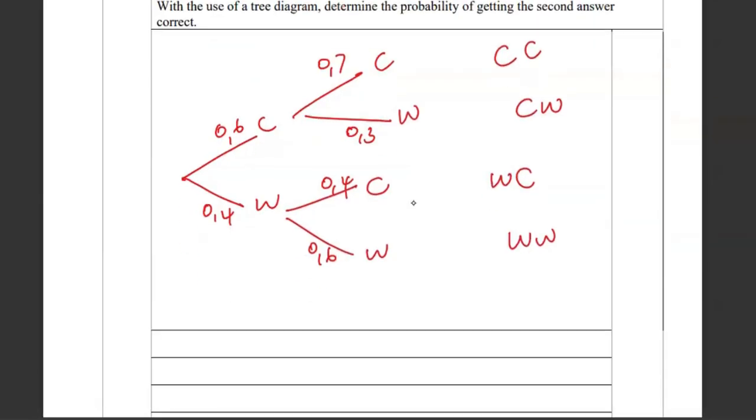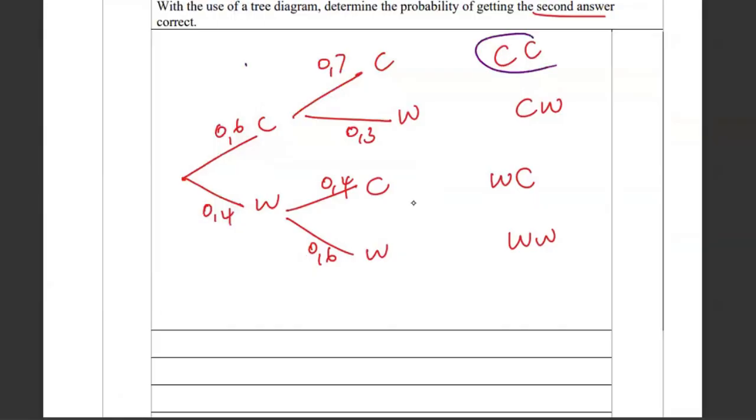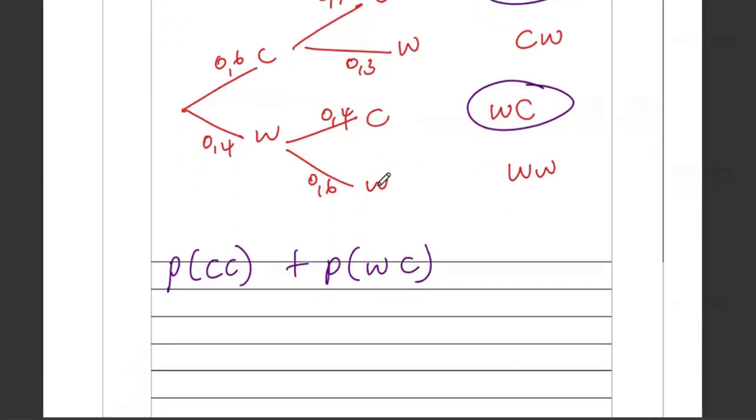Now they want us to get the probability of getting the second answer correct, meaning that we can either go the route of CC or WC. So probability of CC, probability of WC. Okay, so with the CC is going to be 0.6 times 0.7. WC is going to be 0.4 times 0.4.